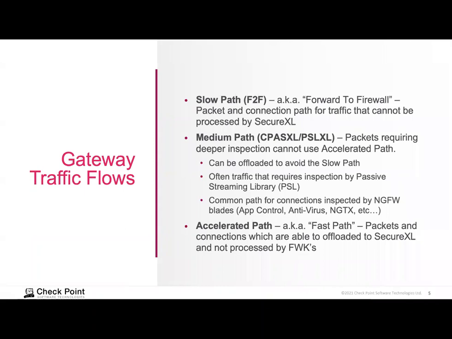And that is usually as the result of use of blades in the NGFW suite, app control, antivirus, NGT, and NGTX, etc. And then the accelerated path, also referred to as the fast path, and that is basically SecureXL. So that's the fastest, most optimized path any traffic and connections can take through our gateways.